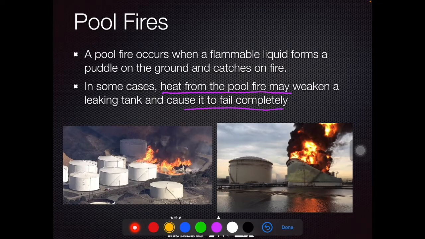In a pool fire situation, if there is not enough cooling, the tank itself will melt. For example, as you can see here, the failure of the storage from the pool fire is causing the melting of the tank and later on causing the whole area to catch on fire.